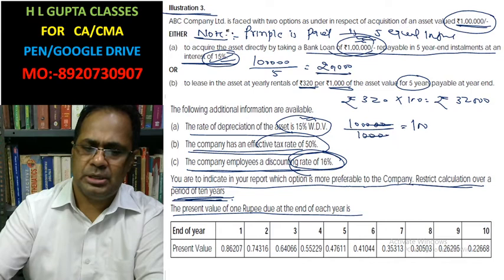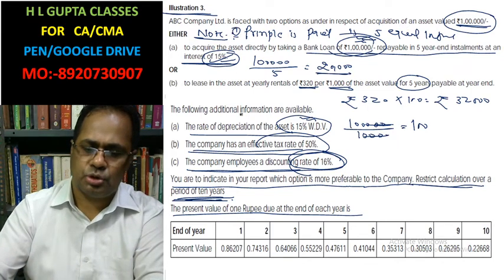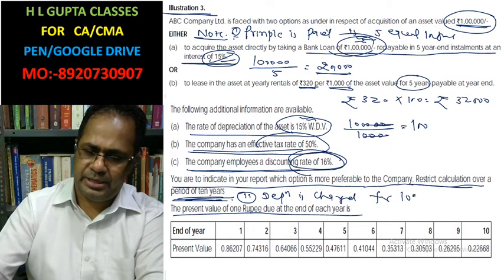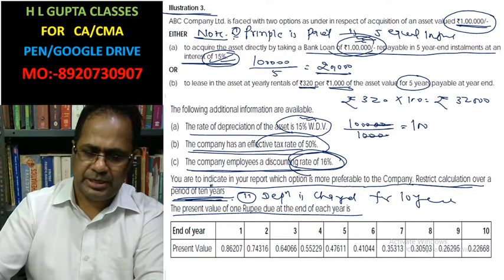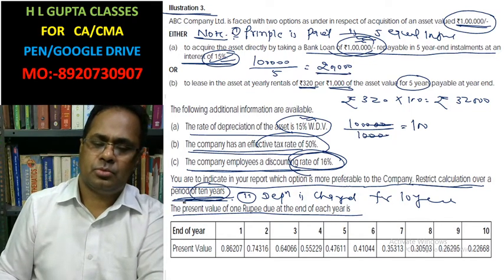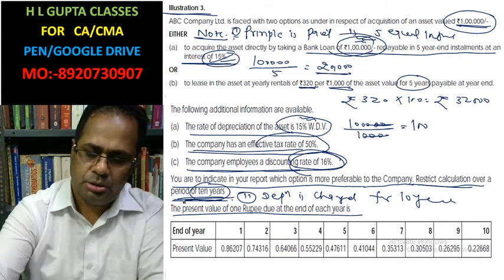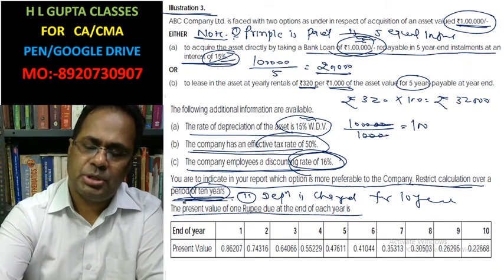This is the first. In second, you need to write that depreciation is charged for 10 years, and tax benefit is taken for 10 years. Okay, this you must write.